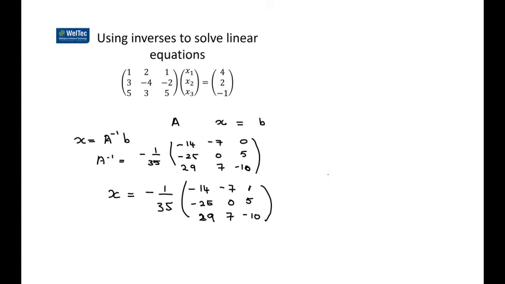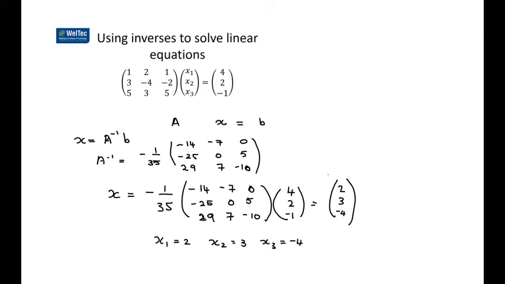And doing the multiplication, we get that x is equal to 2, 3, negative 4, which means that x1 equals 2, x2 equals 3, and x3 equals negative 4. And you would be wise to check those back.